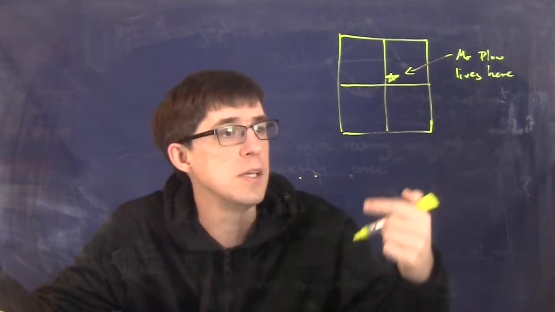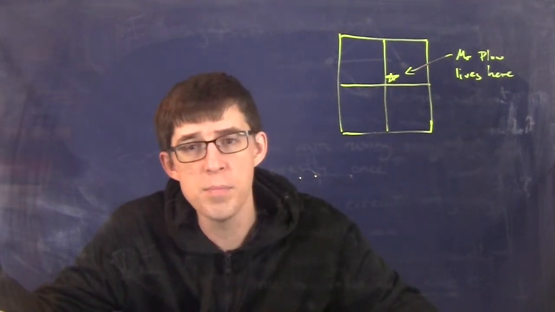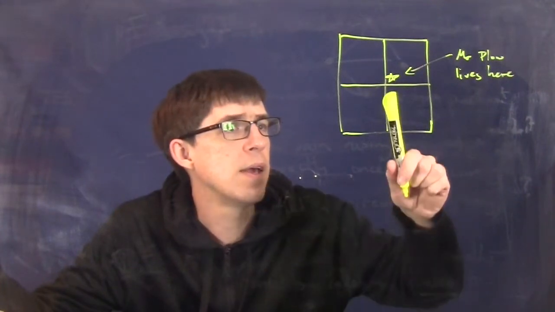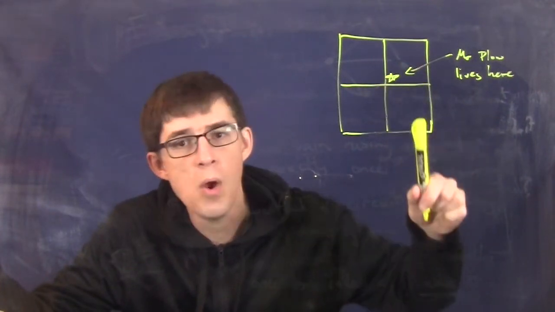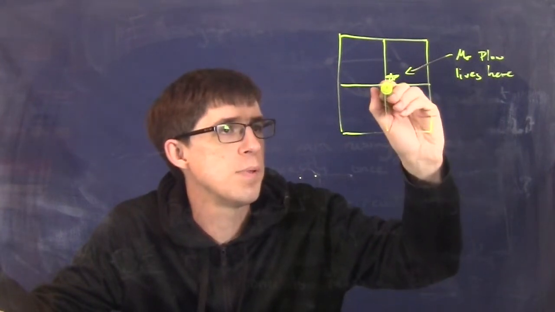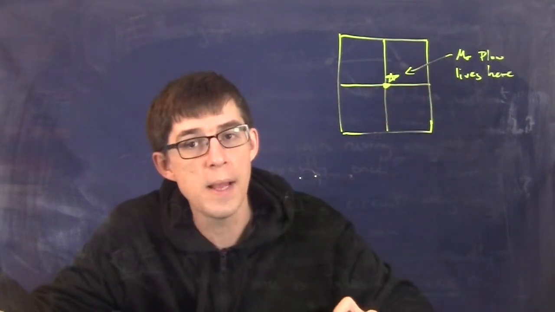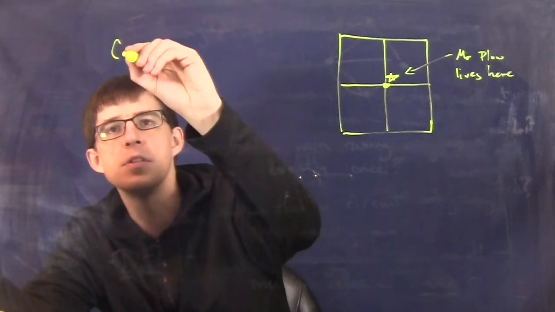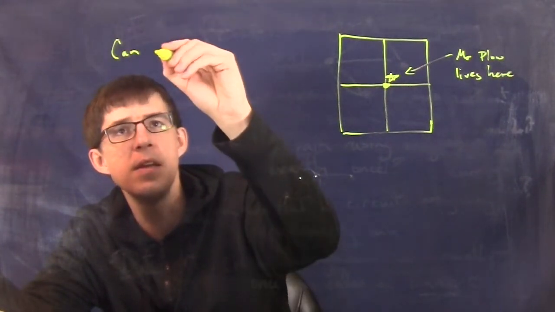Actually, the question is the same as the bridges problem, really. It's about, can I cross each of these edges one time? And I guess the ideal situation would be for Mr. Plow to return to his home at the end. So, here's the question in this setting.